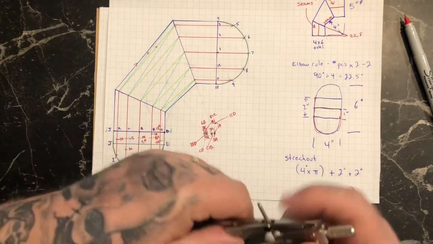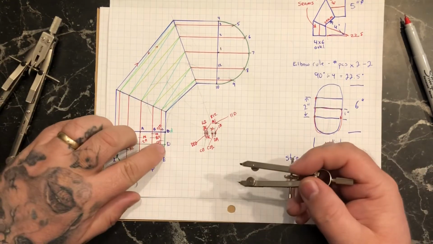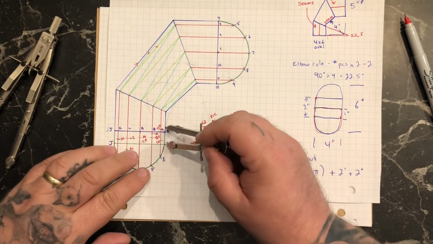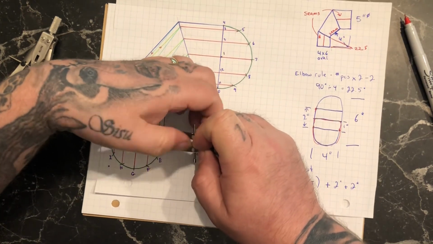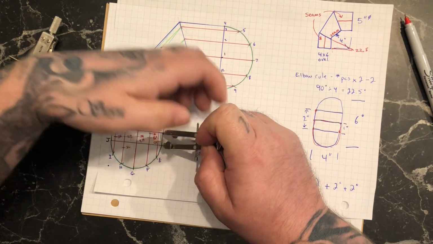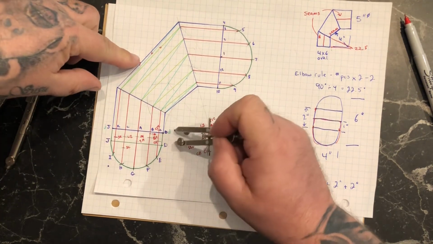And then I'm going from big D to small d. Or basically just an inch, right?